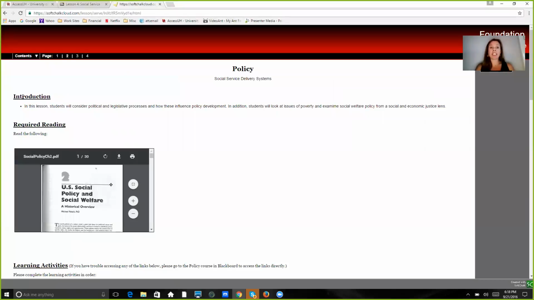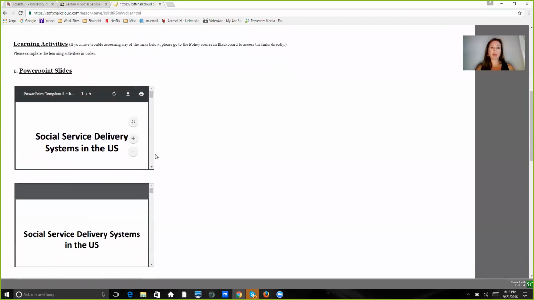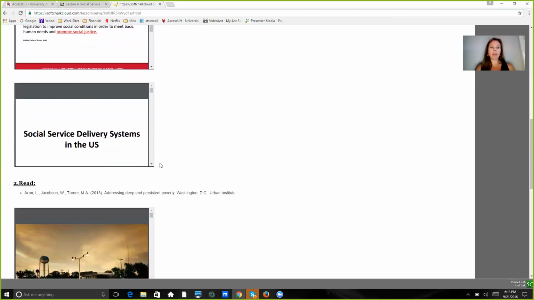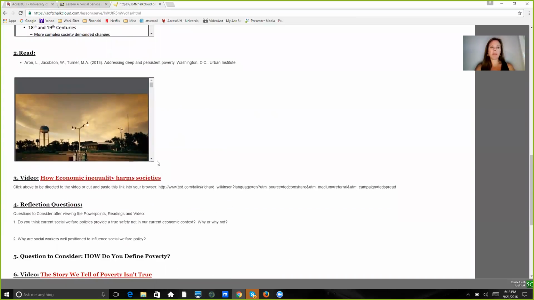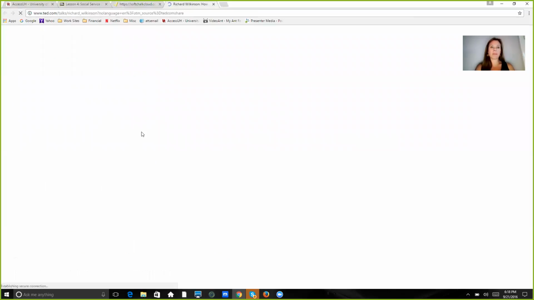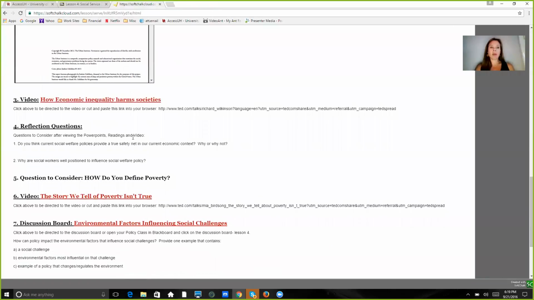So this is foundation policy. We have an introduction that tells the students what they're gonna be doing in this lesson, the required readings, and then we have some PowerPoint slides, another set of PowerPoint slides, another reading, a video, reflection questions for students to consider after viewing the PowerPoints, readings, and videos.